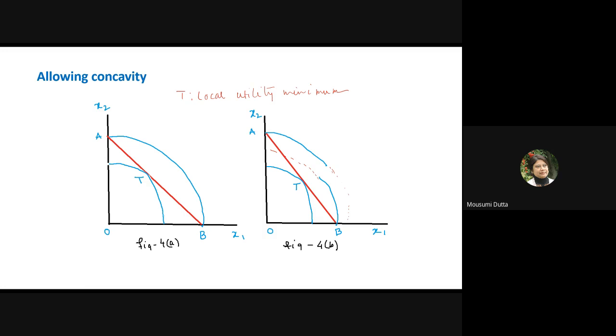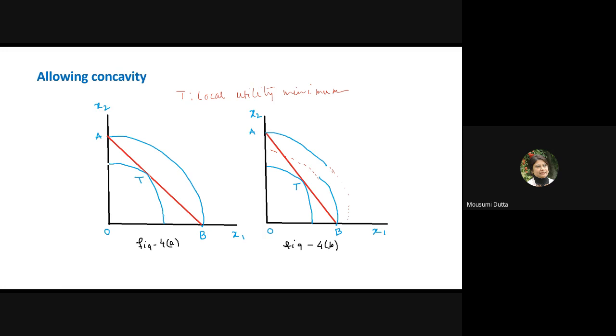For a convex indifference curve, we understand diminishing marginal rate of substitution. However, here the slope becomes steeper as we move from left to right. What kind of consumption will be captured by the concave indifference curve, or is there any possibility in reality?